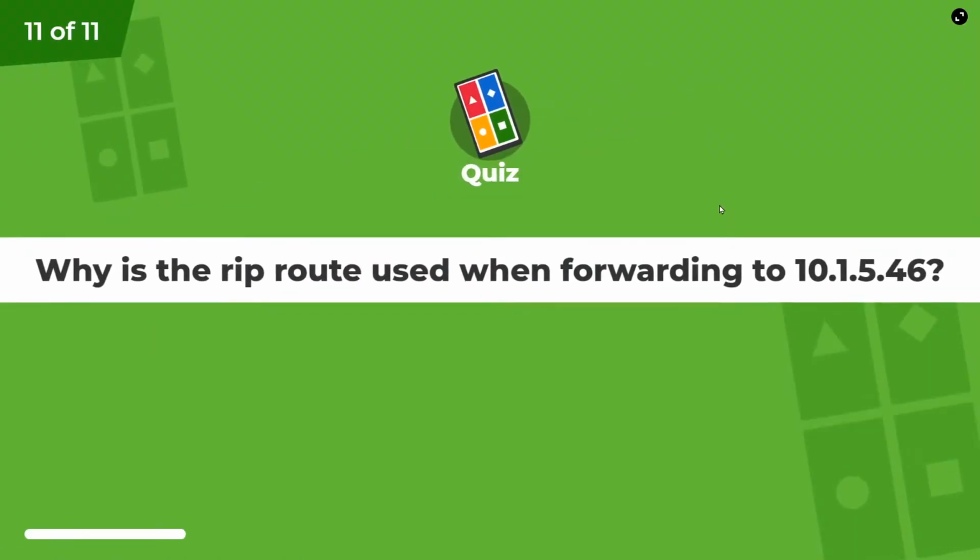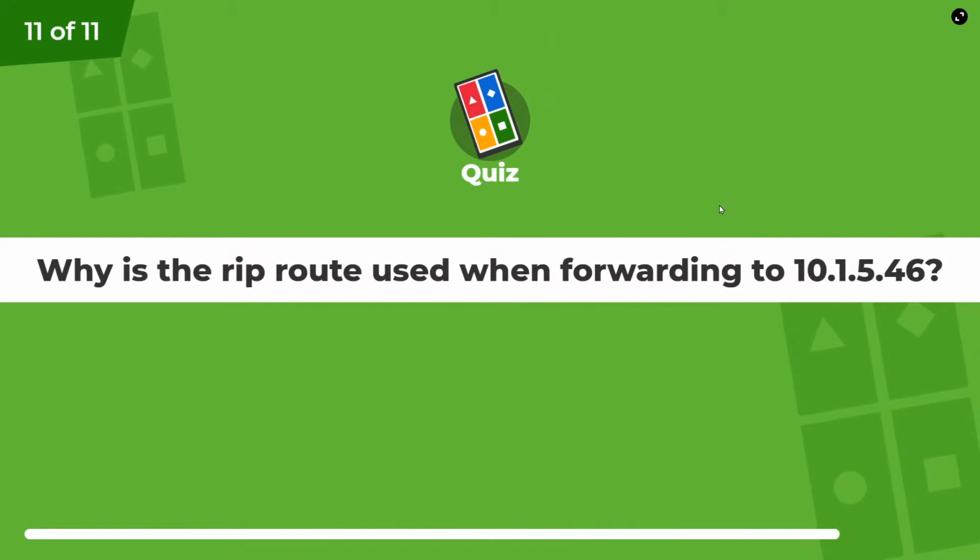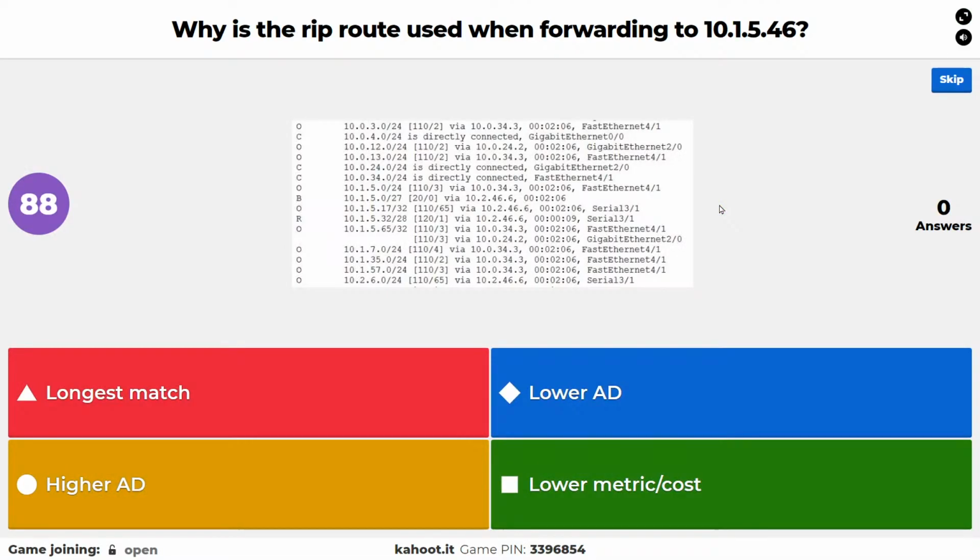It is double points. Why is the RIP route in this example used when forwarding to 10.1.5.46, that destination IP address? And if you're thinking, hey, Keith, you just said that to get into the routing table, it's AD, but once you're in the routing table, it's always the longest match?